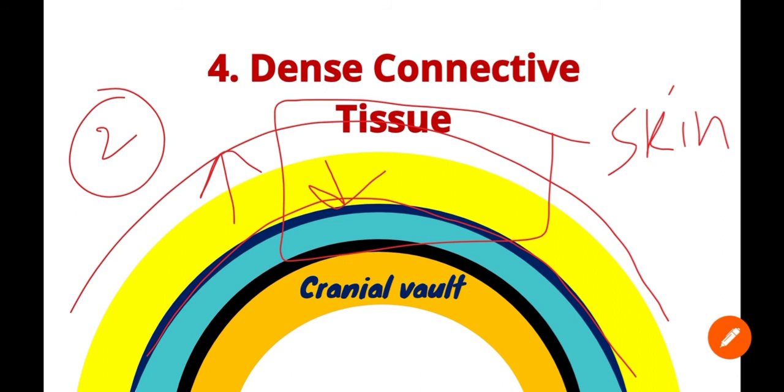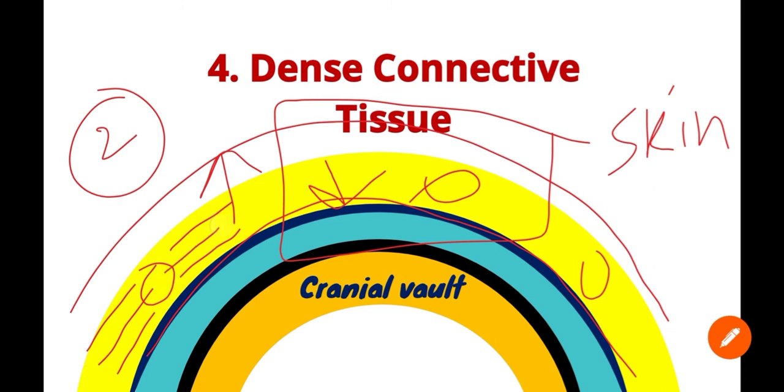The dense connective tissue contains large blood vessels and nerves of the scalp. The walls of the vessels are adherent to the fibrous network. If you consider these are the fibrous network, the blood vessels are firmly attached.